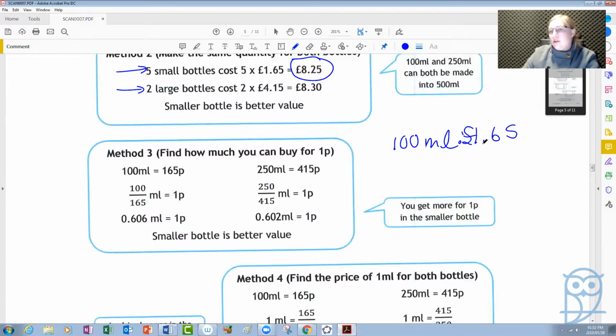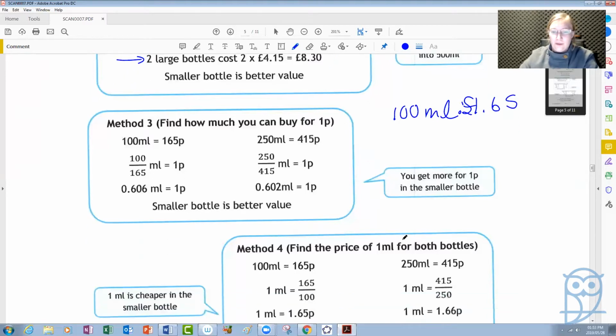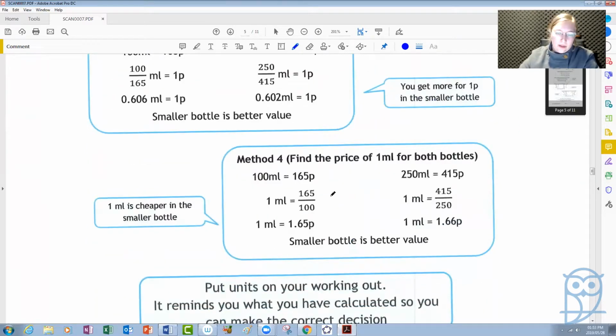So what we then do is we divide by 1.65 on this side and on this side as well, which will give us our amount of milliliters per pound. And that will then give us a comparable value for both sides. So here they get the price for 1 milliliter on each side.